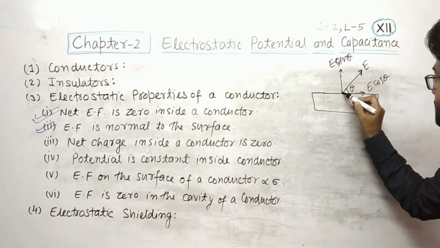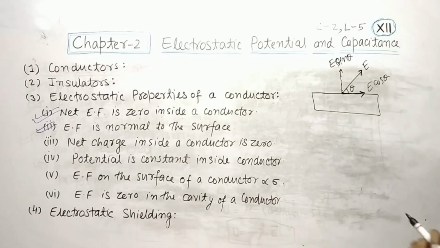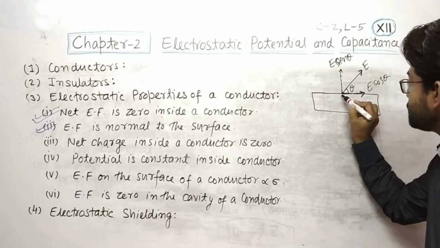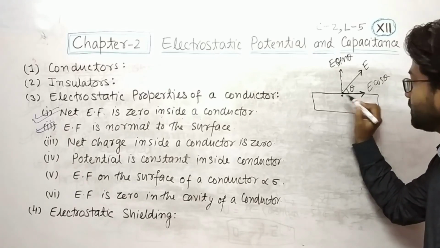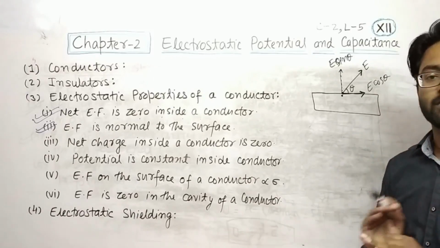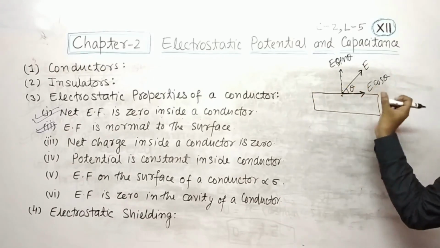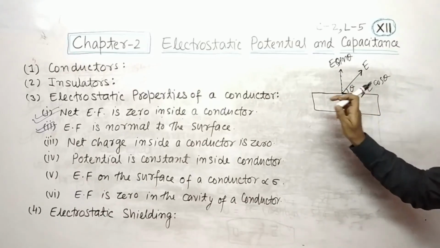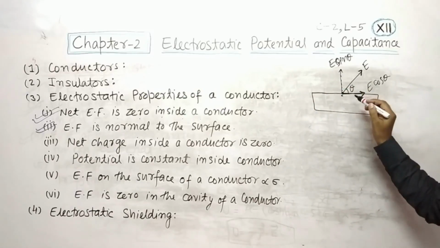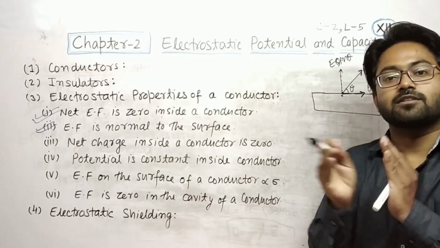If there exists an electric field along the surface, that means the negative or positive charge inside the conductor will move along the electric field component. That means there must be a current, because the charge is flowing.